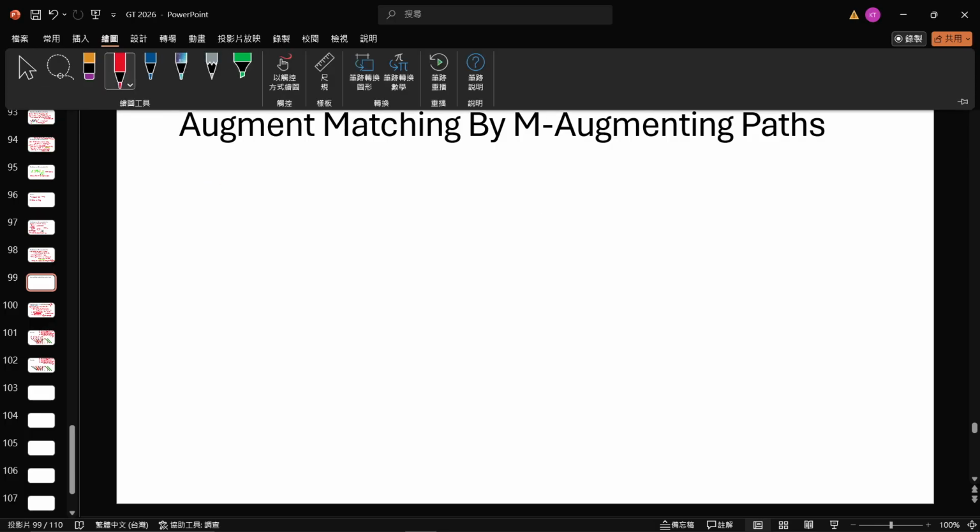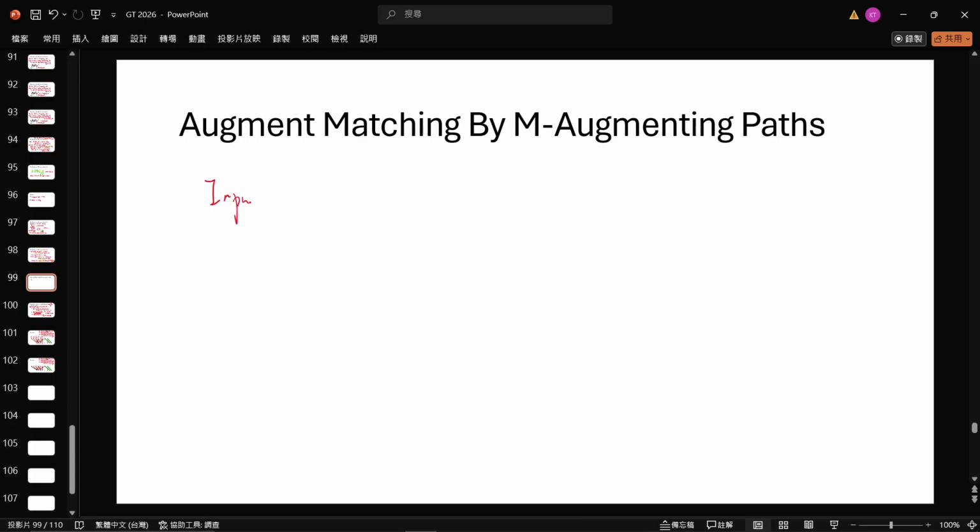But that it's quite easy, okay? So input, you have a matching M and an M augmenting path. I'm going to use this notation E(P), okay?